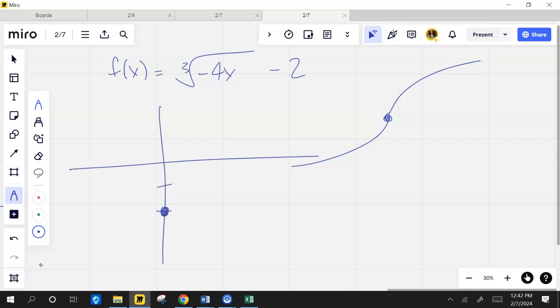And all I did when I did this one, because I wasn't real sure, I didn't want to worry with stretching and shrinking those points. I just picked a point on either side to plug in, kind of figure out what it was doing.